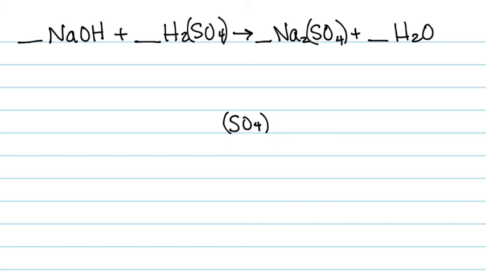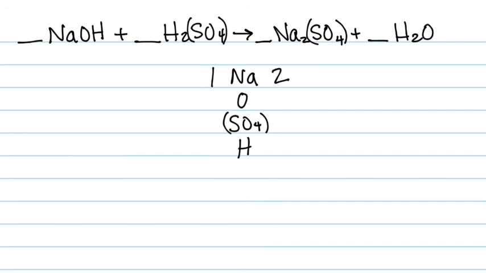So starting back again, we have our unbalanced equation. Step 2, our atom counts. Let's go back and identify everything that we need. So we do have sodium, we have oxygen, we have hydrogen, and then that sulfate that I had pointed out. So sodium, on the left side, we have 1 atom of sodium. On the right, we have 2 atoms of sodium.